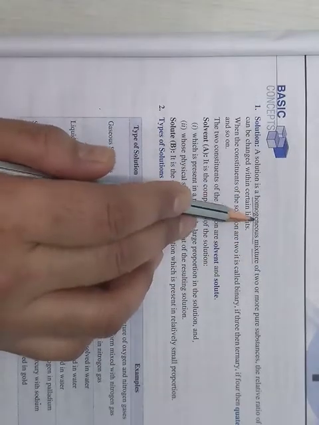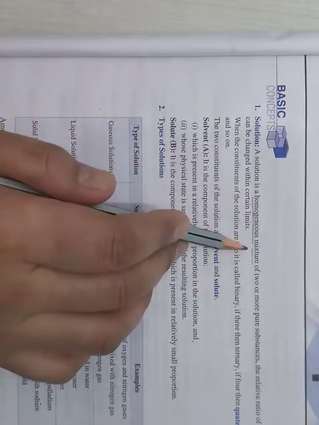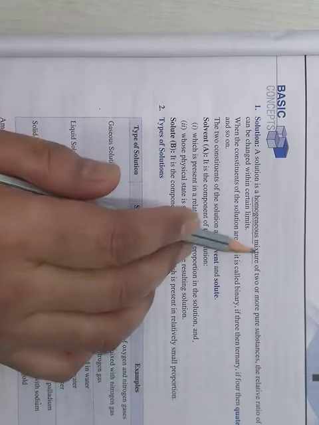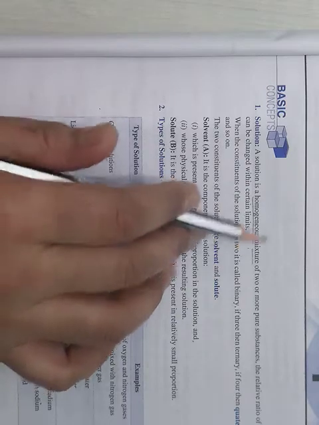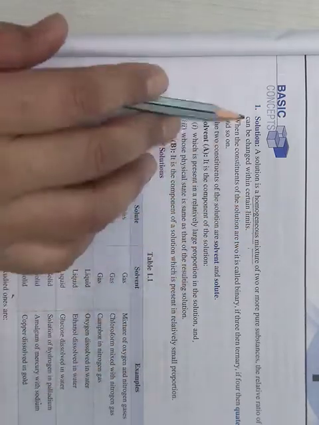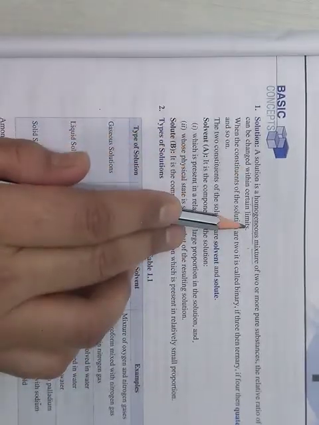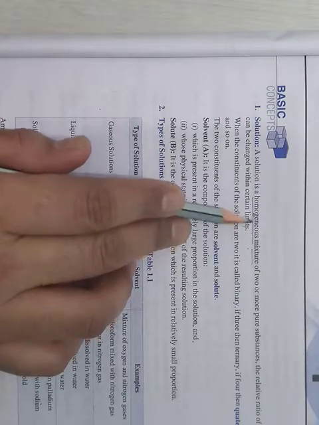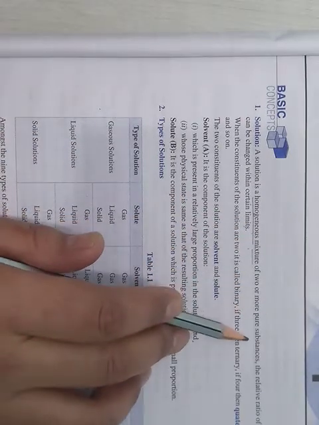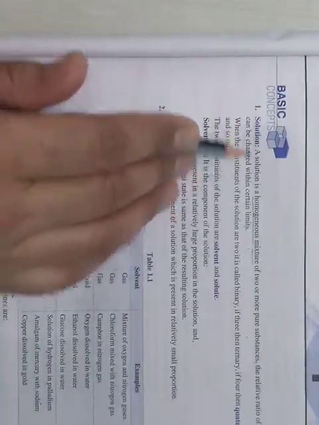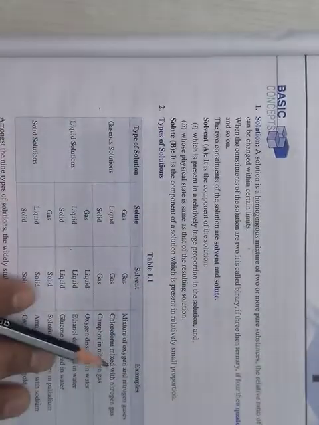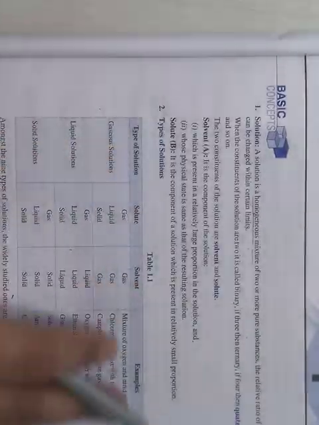A homogeneous mixture is a type of mixture in which the composition remains uniform throughout the substance. In that homogeneous mixture we have two or more pure substances. Since the solution consists of a number of substances, it has different types.